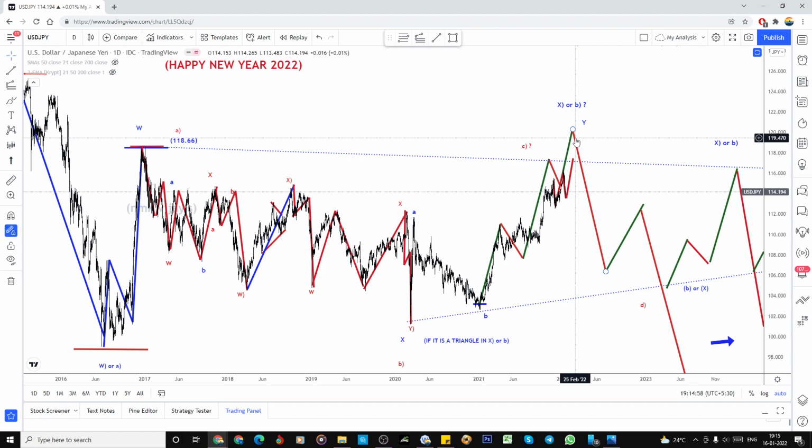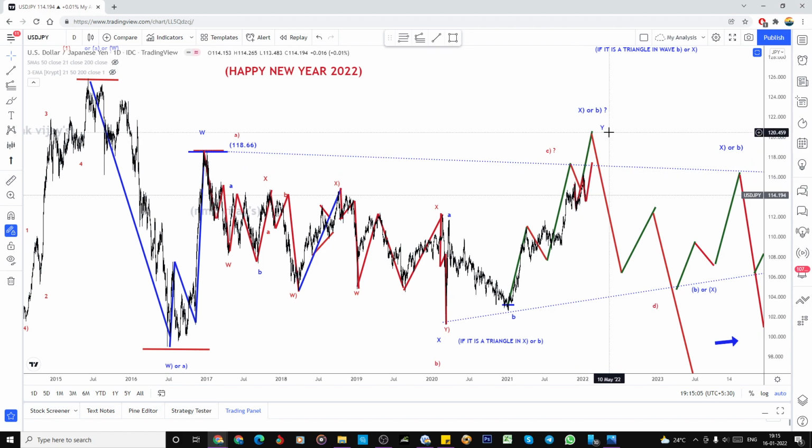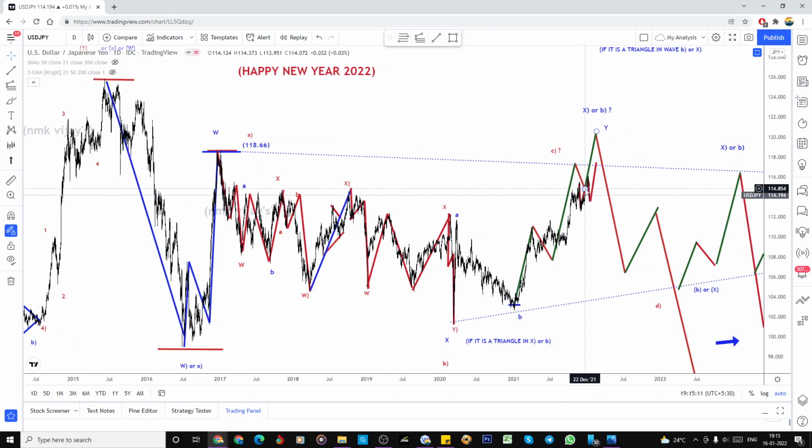Don't trade immediately opposite to the trade you did previously. You need confirmation. If you are aggressive, you can do it, but I won't advise that, right? It's your call. But my target is, first of all, it has to break this 118.66.